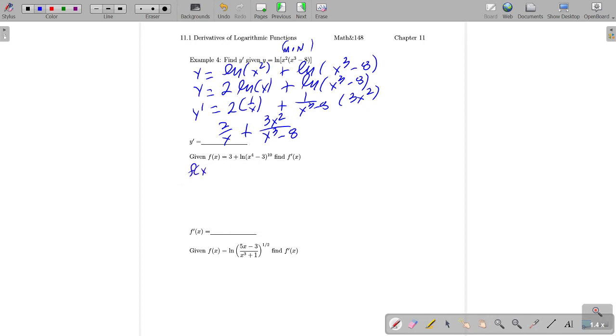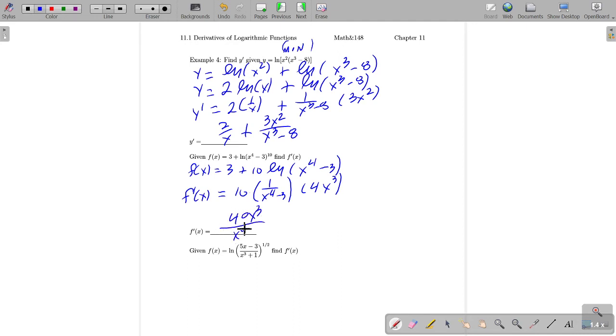So f of x equals 3 plus 10 natural log of x to the 4th minus 3. So f prime of x, well, that goes to 0 because it's a constant. So this is 10 times 1 over x to the 4th minus 3 times 4x cubed, using the chain rule. 10 times 4 is 40x cubed over x to the 4th minus 3.